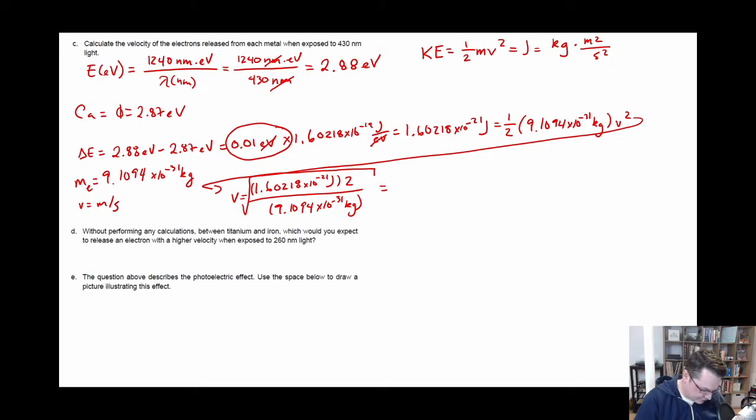that I have that's different from what I have right there. This time around I got 5.93 times 10 to the 4th meters per second, whereas what I have on the key is 6.81.